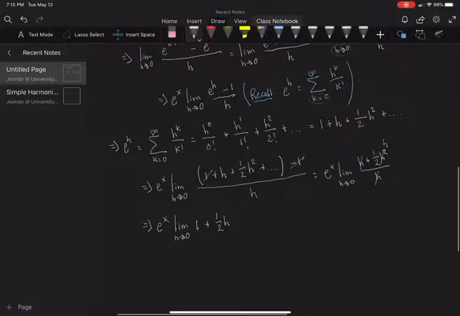And if you plug in the limit, this 1/2 h becomes 0. This is therefore e to the x.